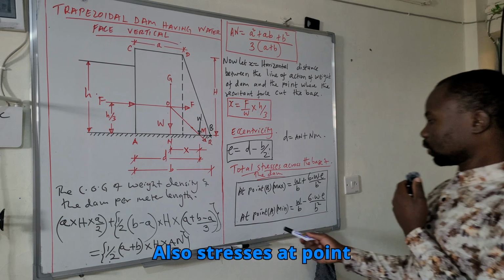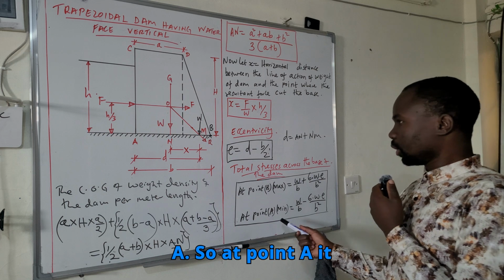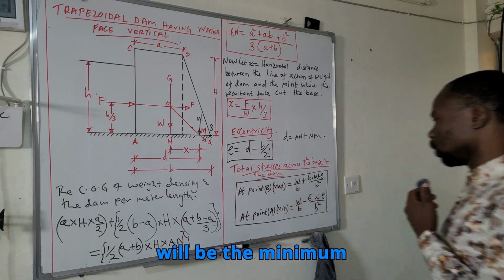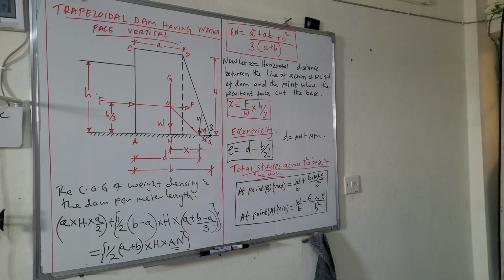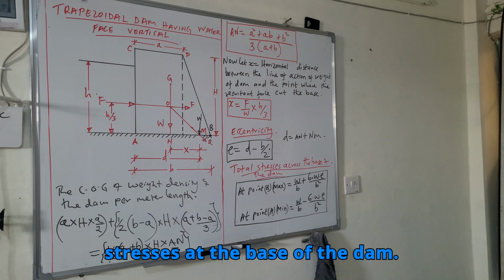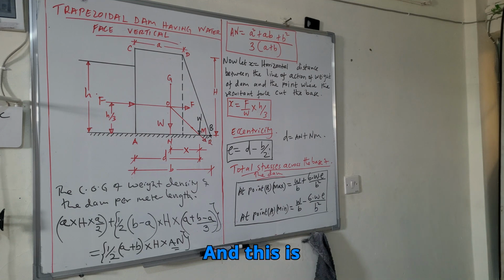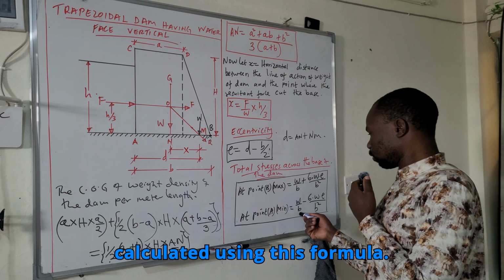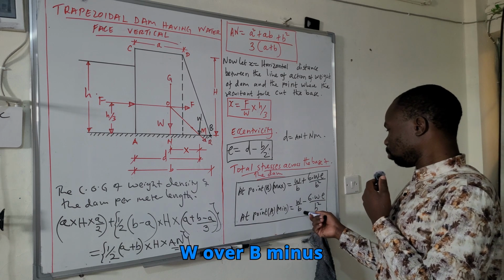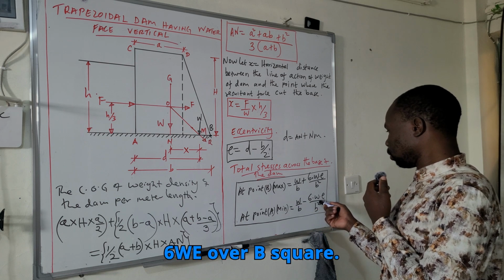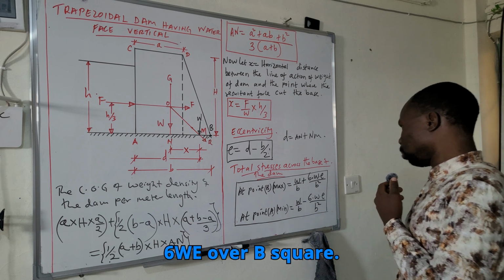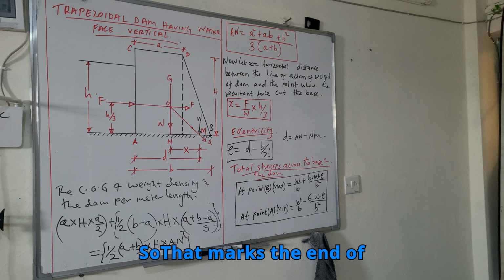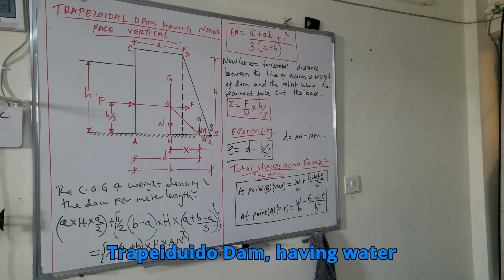Also, stresses at point A. At point A, it will be the minimum stress at the base of the dam, and this is calculated using this formula, W over B minus 6WE over B square. So that marks the end of the trapezoidal dam having water face vertical.